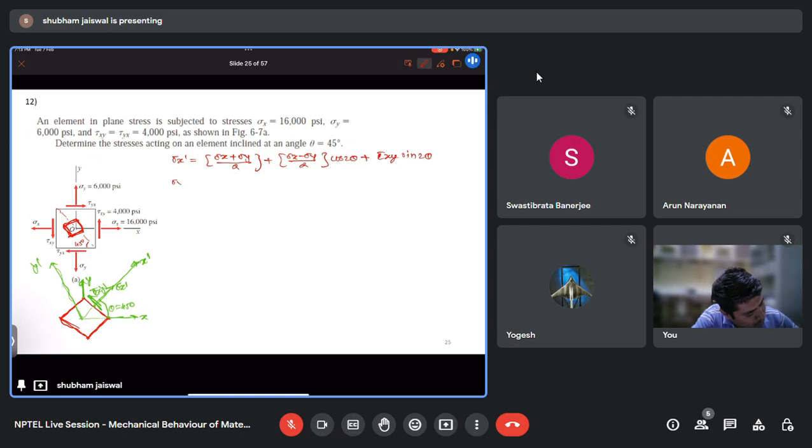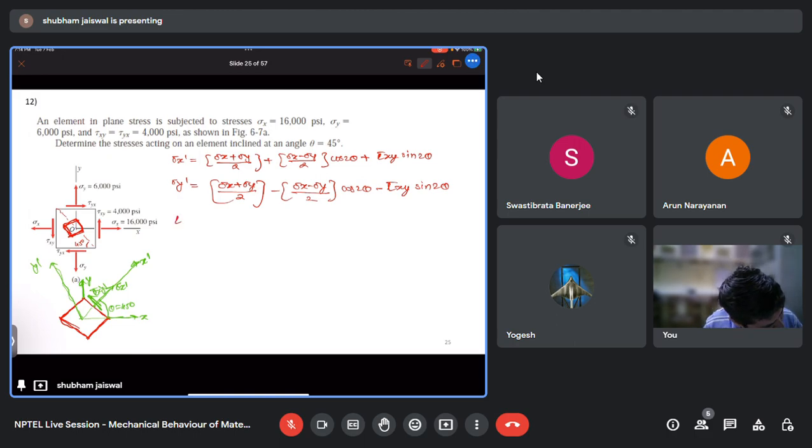Similarly, sigma y prime equals sigma x plus sigma y by 2, minus sigma x minus sigma y by 2 cos 2 theta, minus tau xy sin 2 theta.